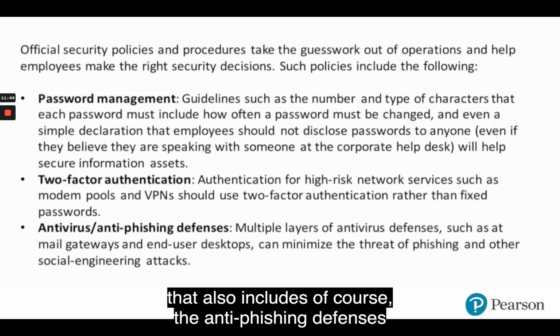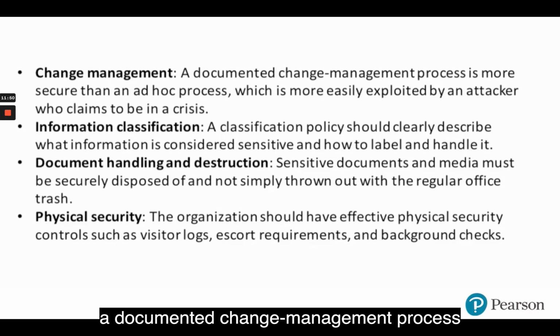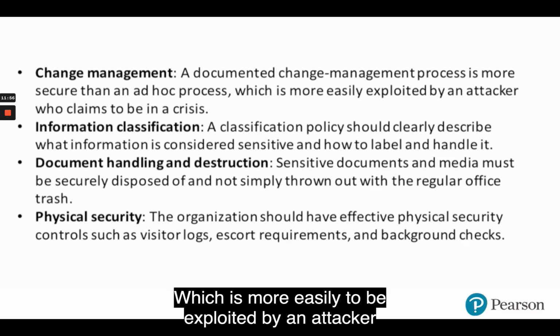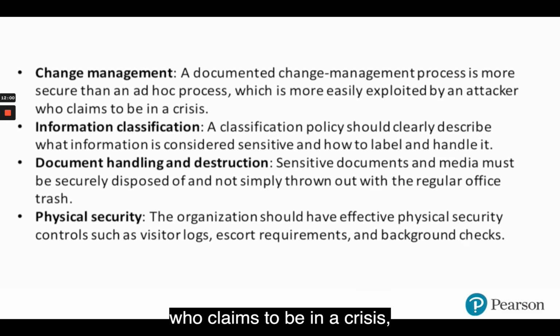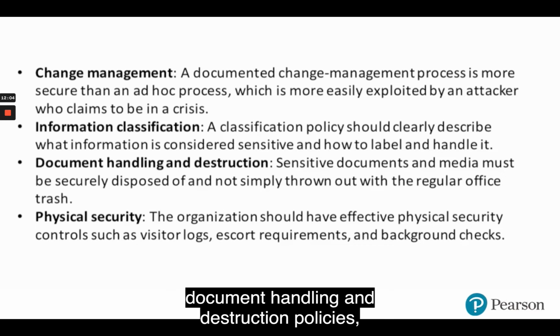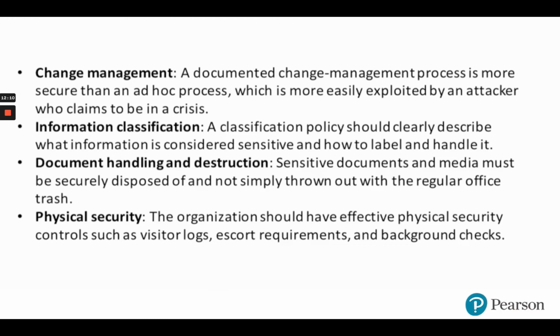That also includes anti-phishing defenses and antivirus. Change management: a documented change management process is more secure than an ad hoc process, which is more easily exploited by an attacker who claims to be in a crisis. Also information classification policies, document handling and destruction policies, and of course, physical security policies as well.